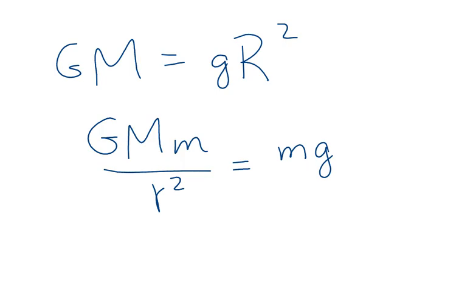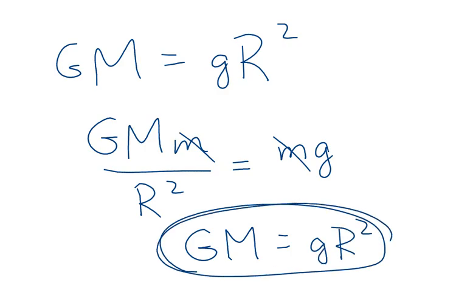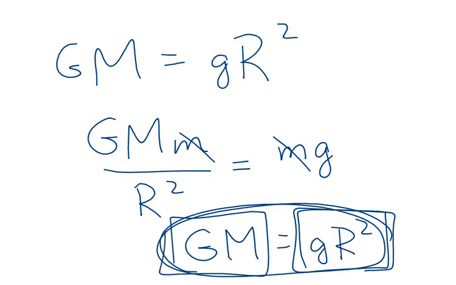So on the surface of the Earth, what is small r? It is the radius of the Earth squared. Then the masses cancel out from both sides, and now you just rearrange and you get GM is equal to g R squared. Very simple result, but it is extremely powerful because this is much easier to use than big G, big M. So go ahead and use that shortcut.